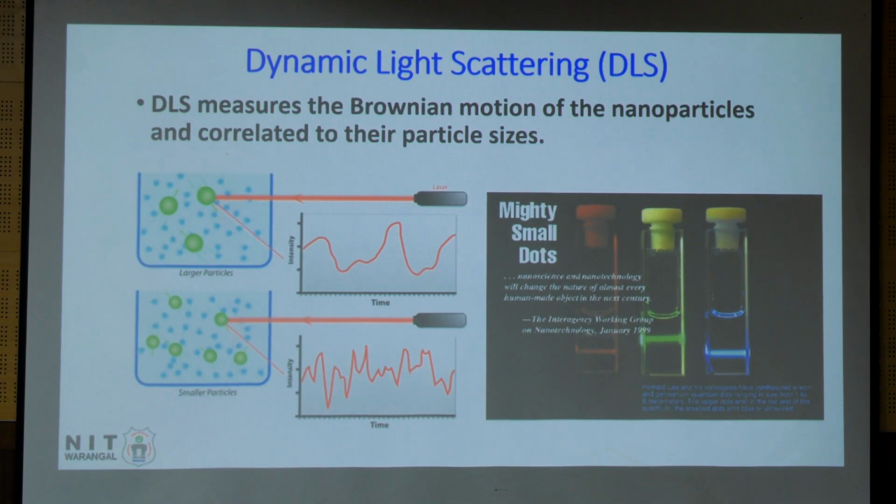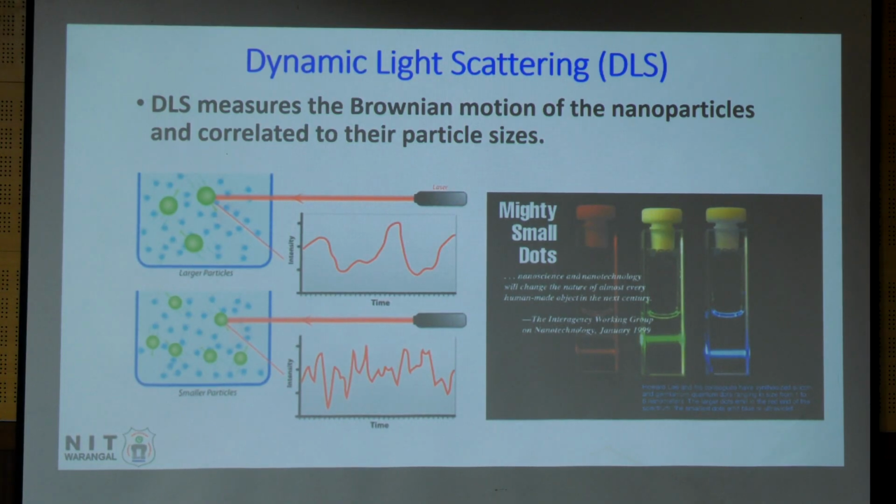But this size, when you compare it with that of a SEM or TEM picture, you will see a different thing, because here the instrument doesn't know whether it is a single particle or a combination, like an agglomerated particle. It simply measures the diameter, and then it will say 50 nanometers.